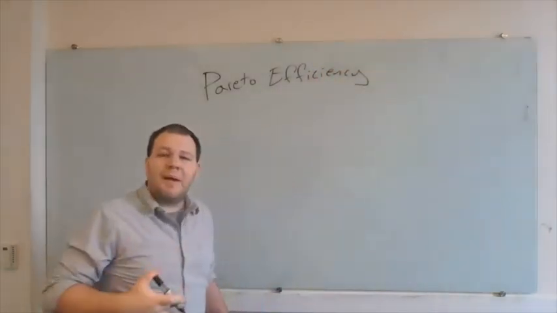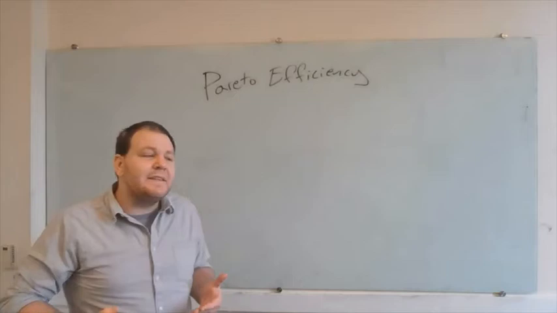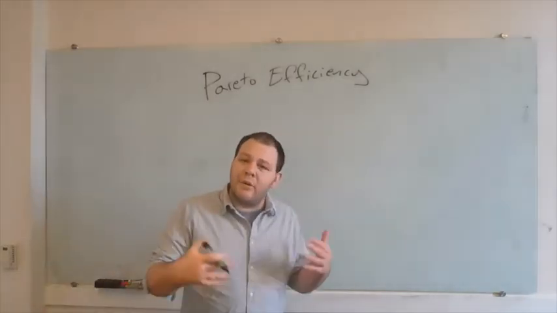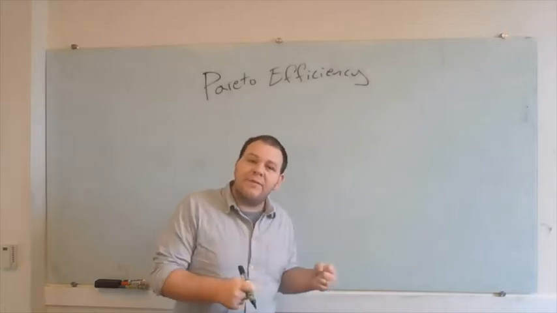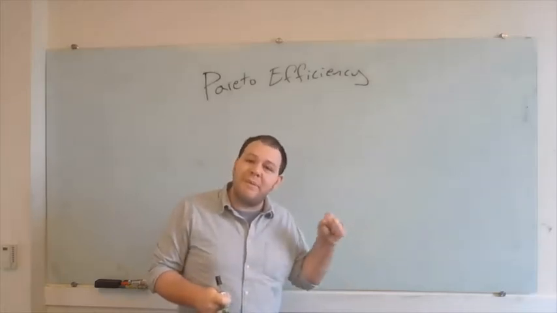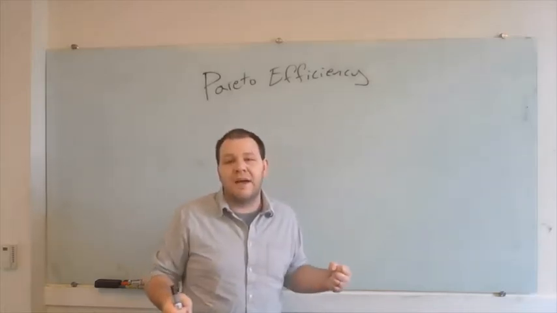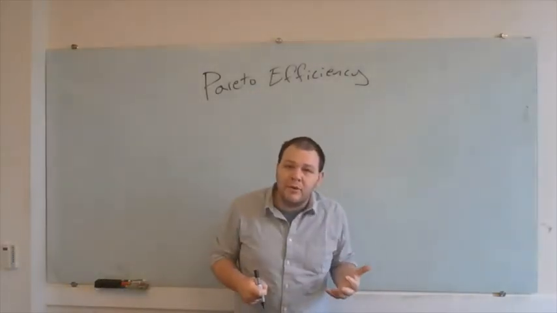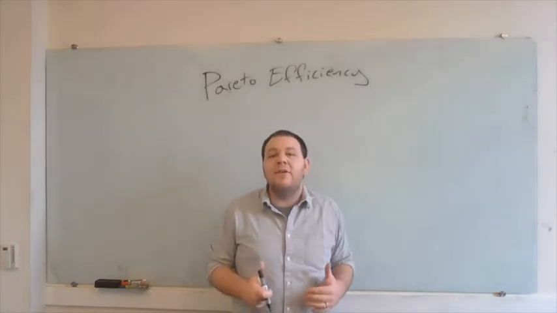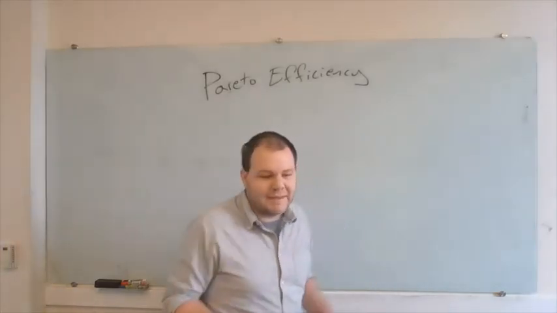And essentially what we mean by Pareto efficiency is that some outcome is Pareto efficient or Pareto optimal if there's no alternative to that outcome that would make one person better off without making somebody else worse off. In other words, some outcome is Pareto efficient or Pareto optimal if there's nothing else that's better from everybody's perspective, right?